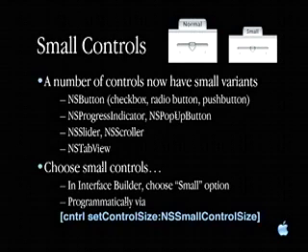But you can also do this programmatically by sending the setControlSize method using the small control size. Typically, the setControlSize message will be sent actually to the cell of the control. So those of you familiar with controls know that controls display using cells, and so the cell typically will be the one that receives this message.